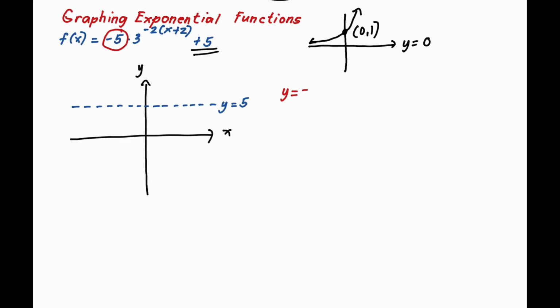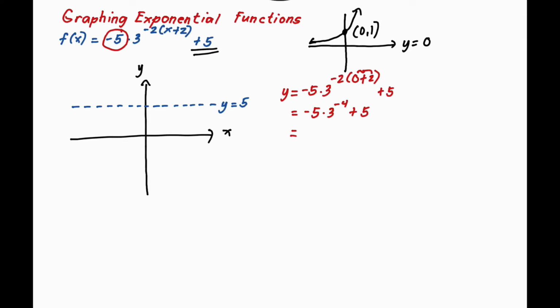So y equals negative 5 times 3 to the negative 2 times 0 plus 2, plus 5. So y equals negative 5 times 3 to the, 0 plus 2 is 2, times negative 2 is negative 4, plus 5.